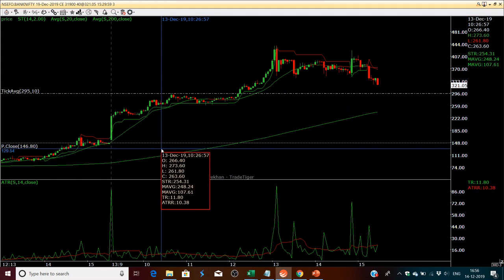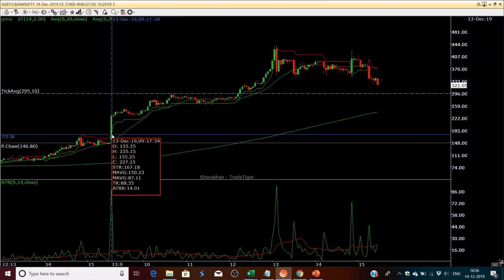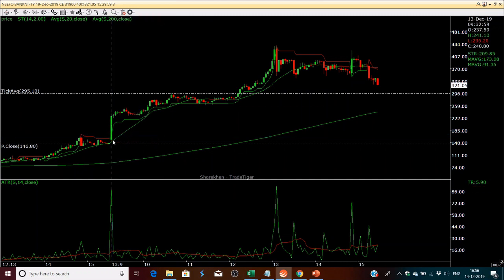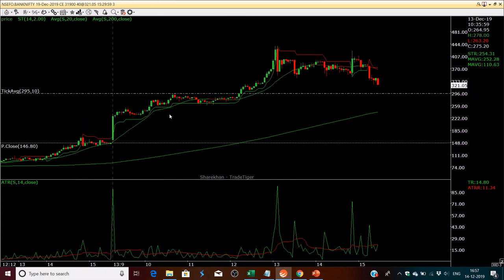Below the previous close, you can have your stop loss here at 131. If you have taken an entry here with the super trend, you see super trend was also not touched, only it touched here. If you have trailed your stop loss with the super trend, you could have been out here.